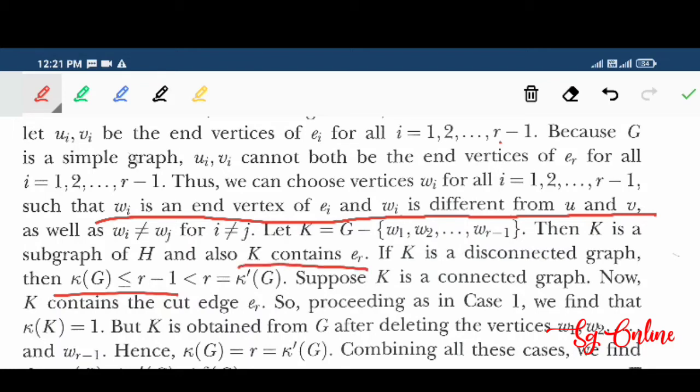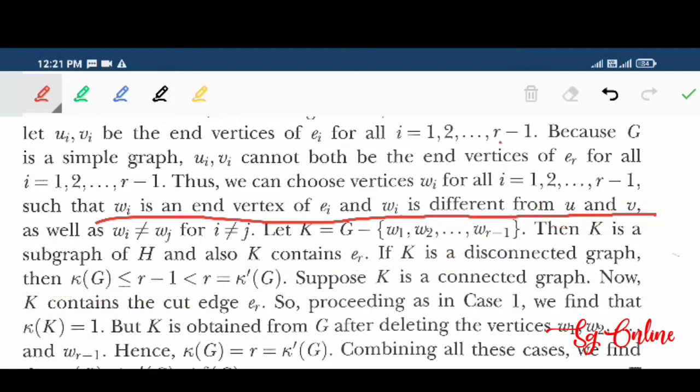That is very important. K contains ER because we have carefully avoided choosing a vertex different from U and V. So U and V are not deleted, and this edge ER has the endpoints U and V. So they are not deleted, and therefore K contains ER.